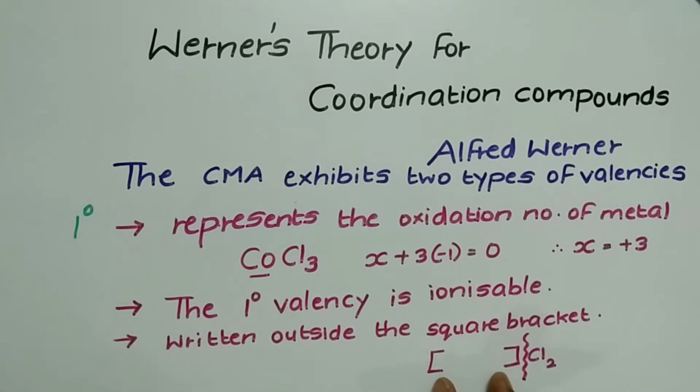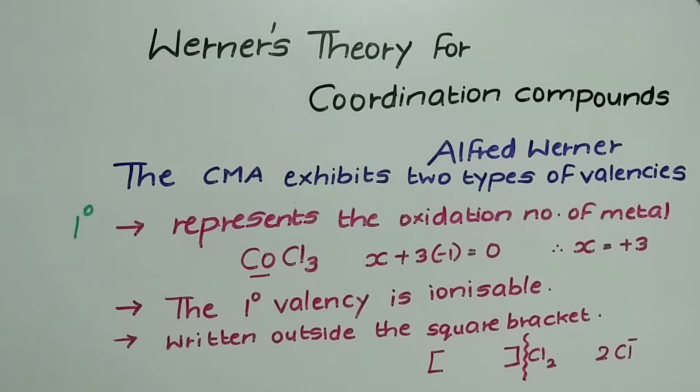The complex remains as it is, the square bracket remains as it is, and Cl forms 2 Cl minus ions. So the counterion, which is written outside the square bracket, is ionizable.